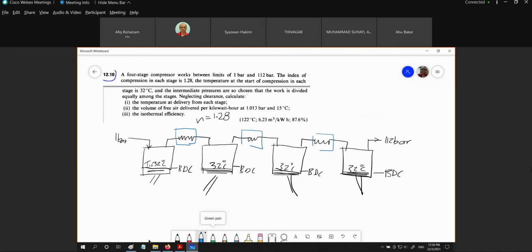Which case? Complete intercooling. Yes, complete intercooling. Okay. And then it says 32.